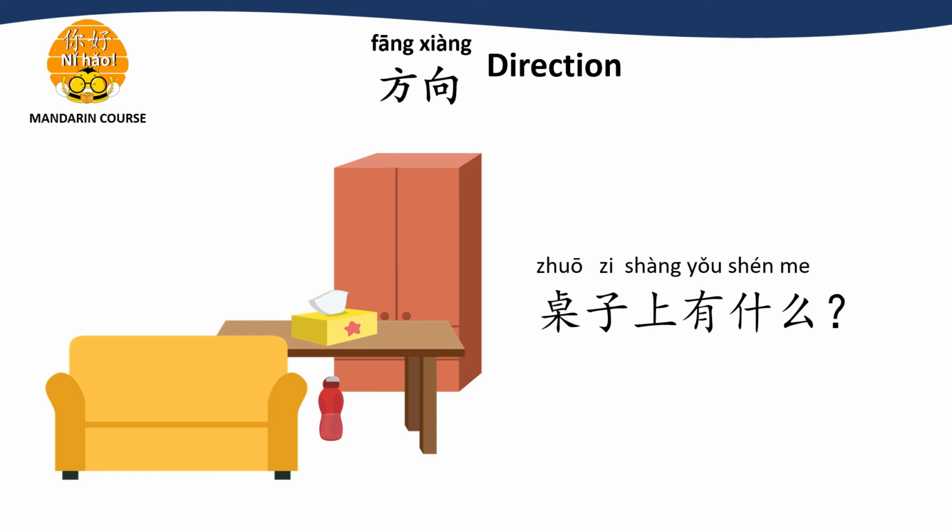桌子上有一张纸巾。桌子下有什么? What is below the table? 桌子下有一个水壶。桌子前有什么?